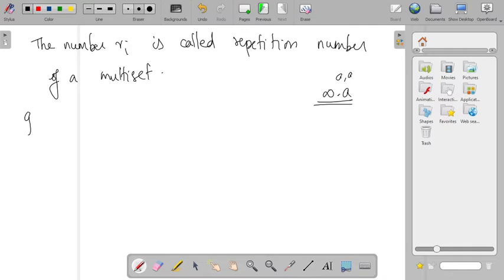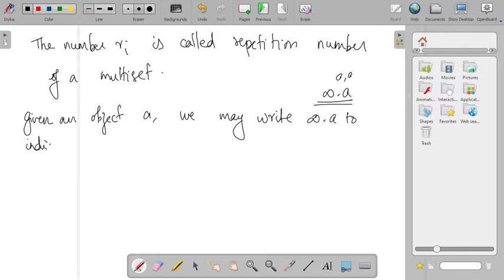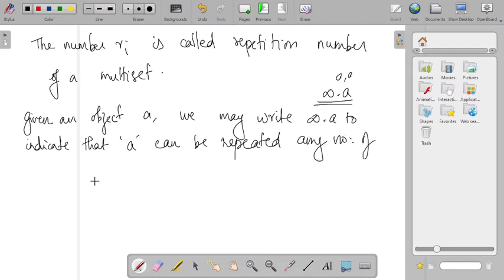So given an object A, we may write infinity dot A to indicate that A can be repeated. So the object A can be repeated any number of times. So any number of repetitions are allowed.